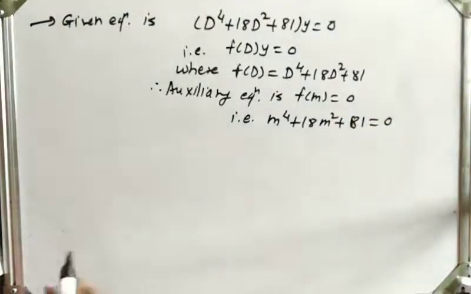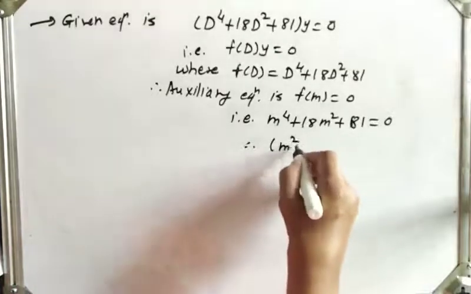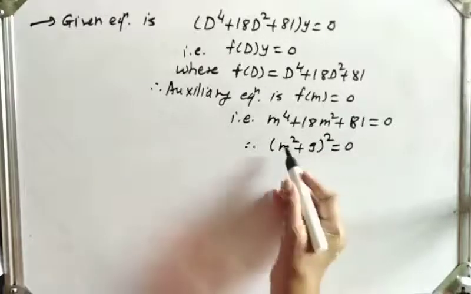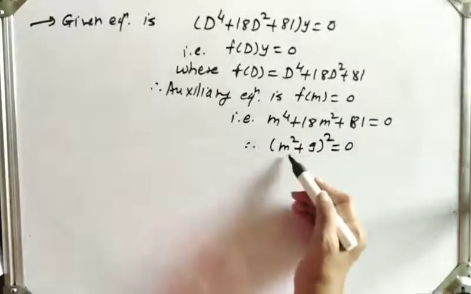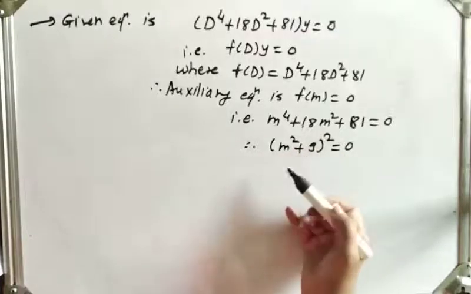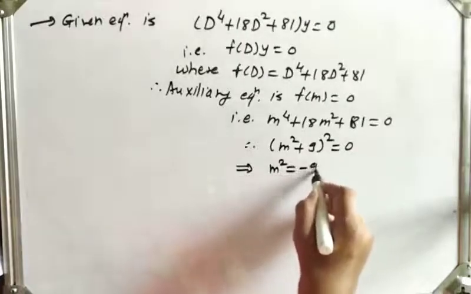Now you can observe that it is the same as (m square plus 9) whole square is equal to 0. Square of this: m raised to 4 plus 2 into m square into 9, that is 18m square, plus 9 square, 81. That is, what do we get? m square is equal to minus 9.